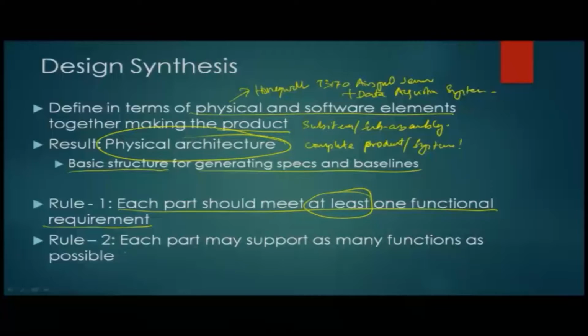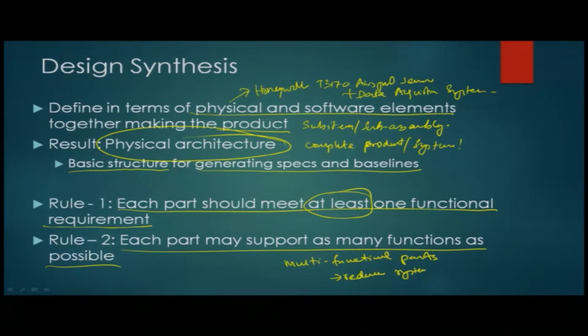Rule number two is each part may support as many functions as possible. If you have multifunctional parts, then you might be able to reduce system size and assembly time. However, you run the risk to reliability.